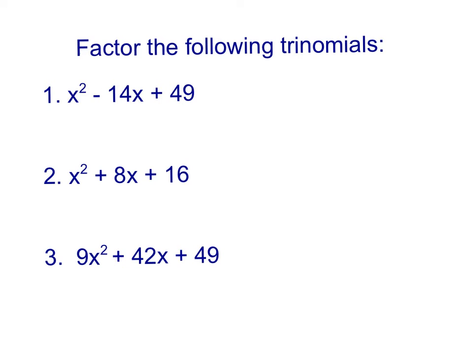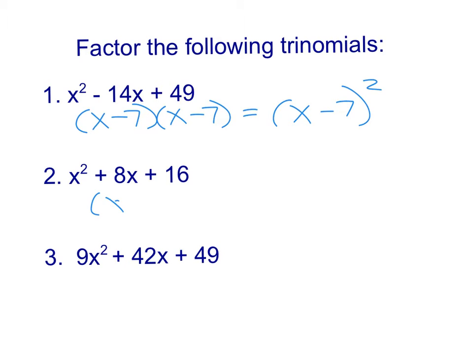All right, so factor these trinomials. Pause the video and do it on your own. (x - 7) times (x - 7), which ends up being (x - 7) squared. (x + 4) times (x + 4), (x + 4) squared.